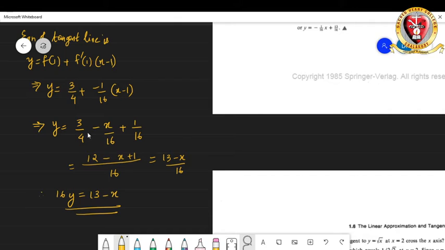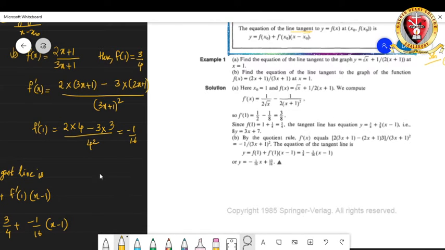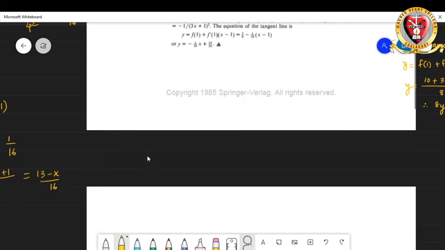LCM is 16. Then simplify. You get it to be 13 minus x divided by 16. Then cross multiplying, you get the equation to be 16y is equal to 13 minus x. So this is the answer for the B part of question number 1.